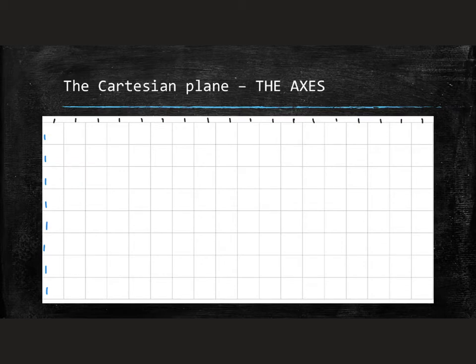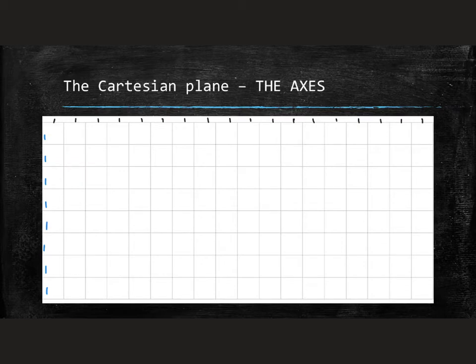Pause this video and set up a grid on your blank paper. It needs to be the same number of units wide and the same number of units high, and each square must be square, so use your ruler to measure it properly.